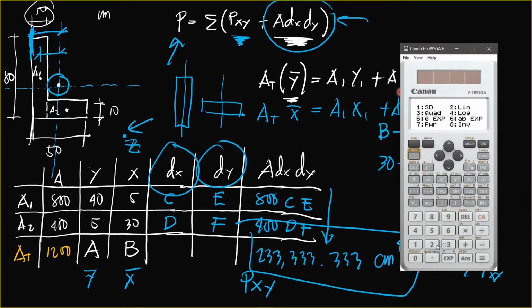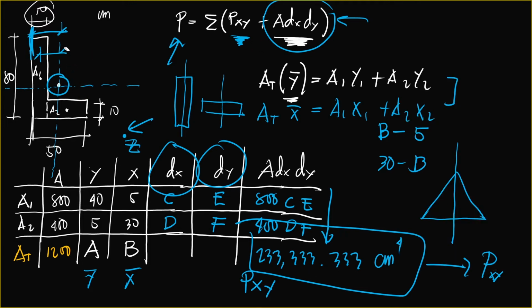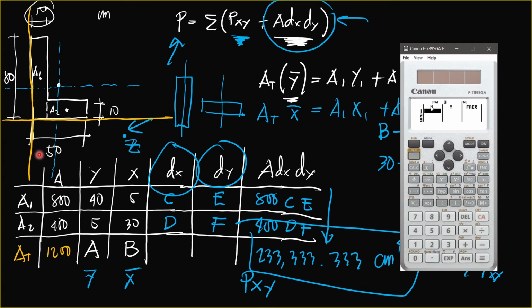Go to mode 3, 2, with frequency on. What you put in the x column are the distances along x from a reference axis. Let's say we don't know yet where the centroid is. This is our reference x-axis, and another one here, the y-axis. The x column holds the distances along x from the y-axis.